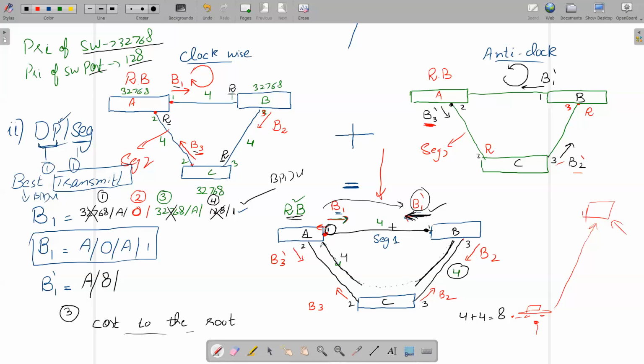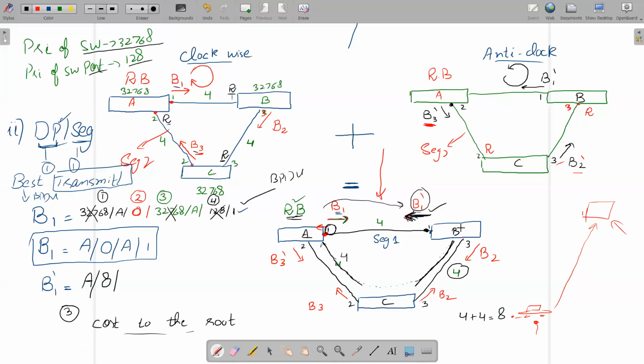Yes, guys. Who is the sender right now? B. Yes, exactly B. You can see over here. This switch B is transmitting this B1 dash right now.